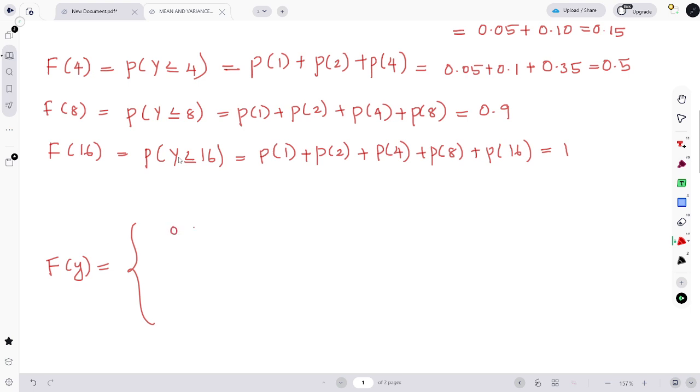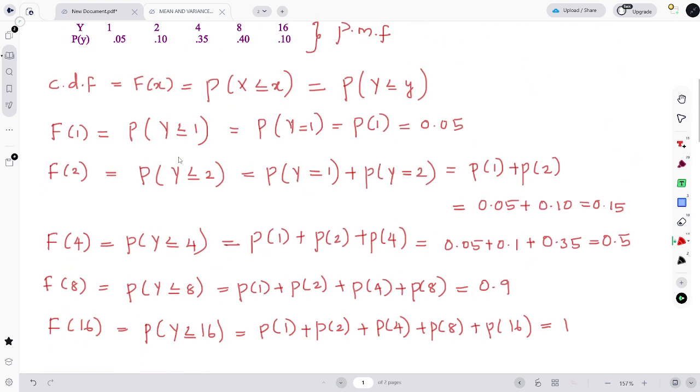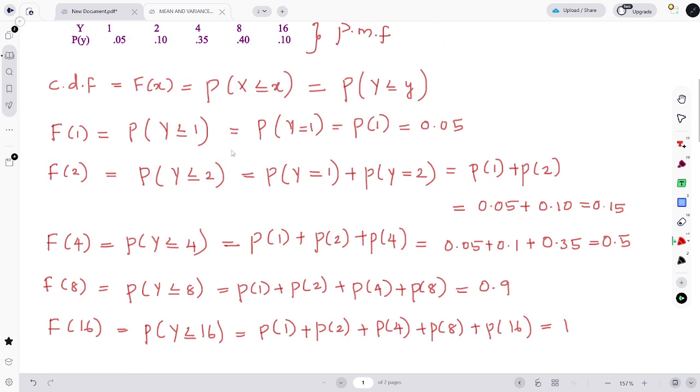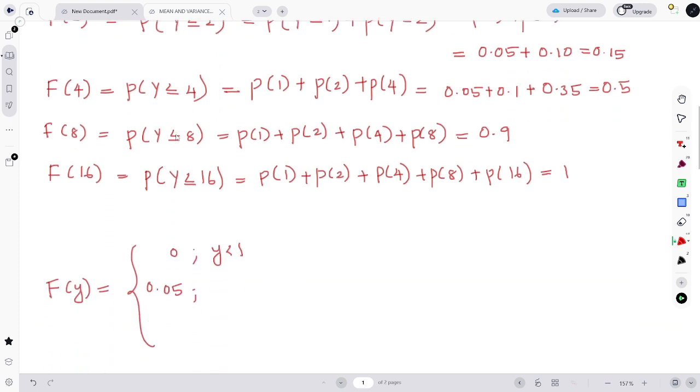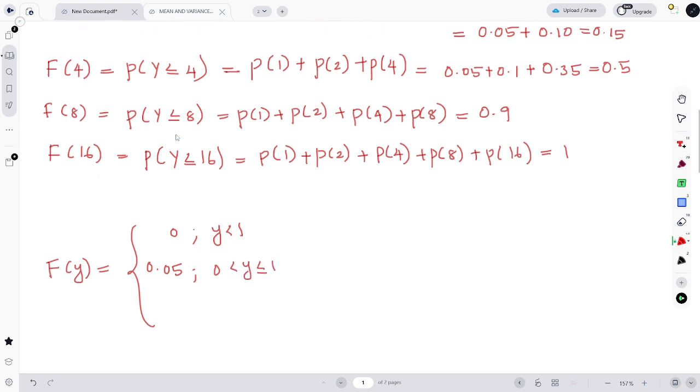It is 0 when y is less than 1. It is 0.05 when 0 less than y less than or equal to 1, that is, 1 is included but 0 is not included.